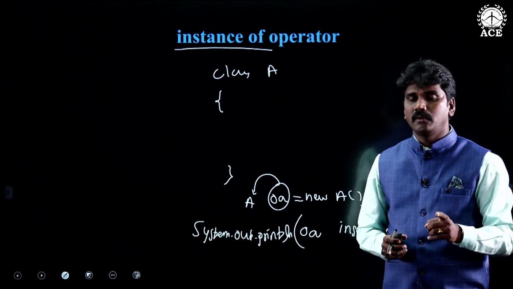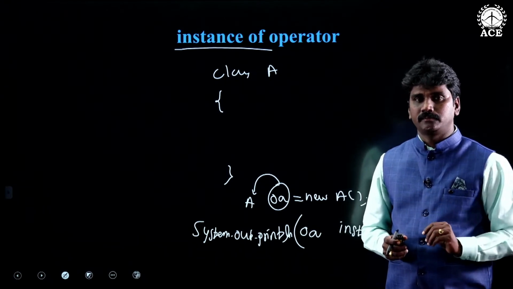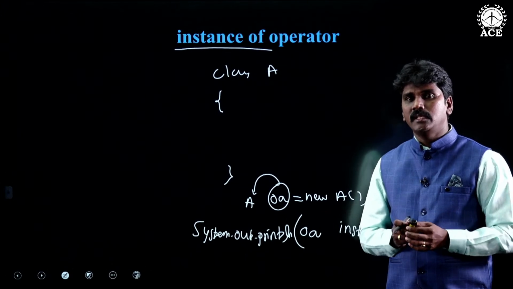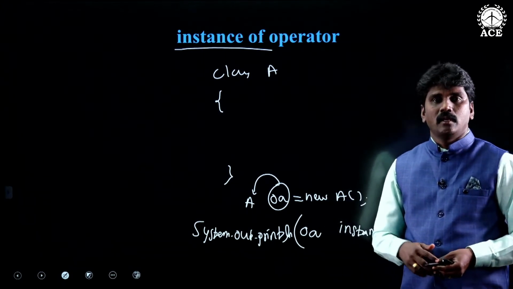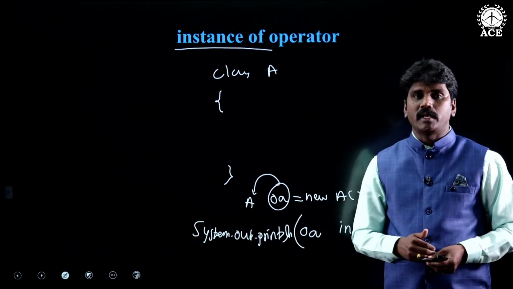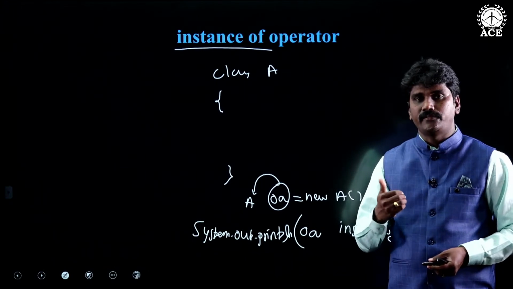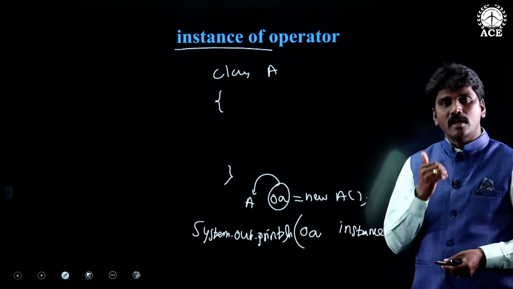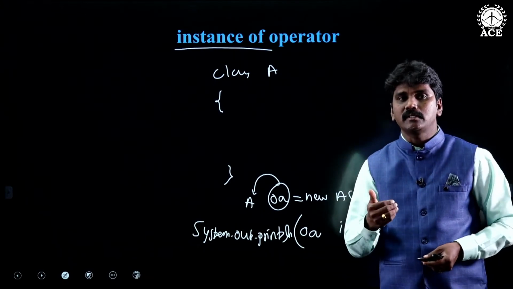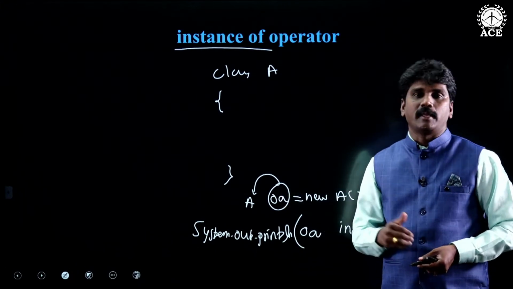Short circuit logical AND, logical OR and NOT. And also we have seen the fourth, bitwise operators. There are 7 bitwise operators like bitwise AND, OR, NOT, XOR, left shift, signed right shift and unsigned right shift. And also we have seen the unary operators like unary plus, unary minus, increment and decrement.